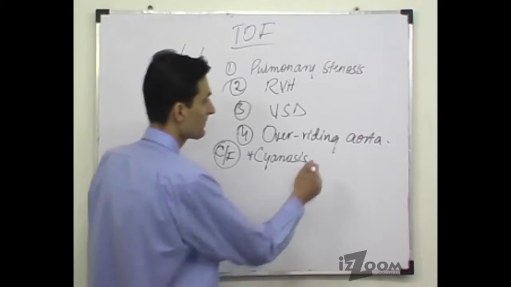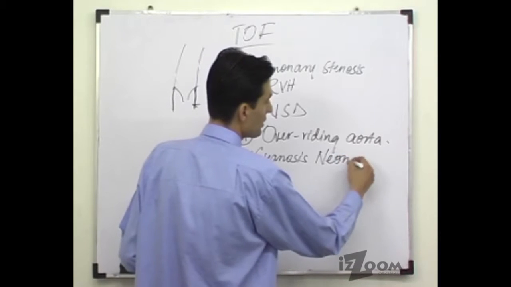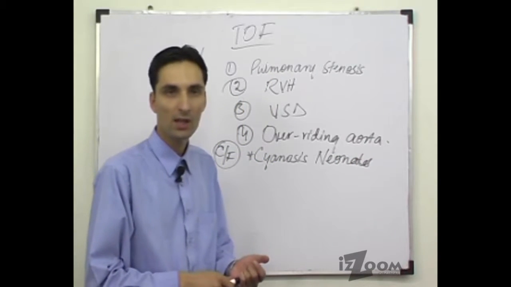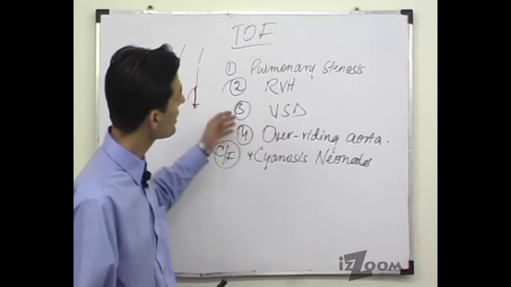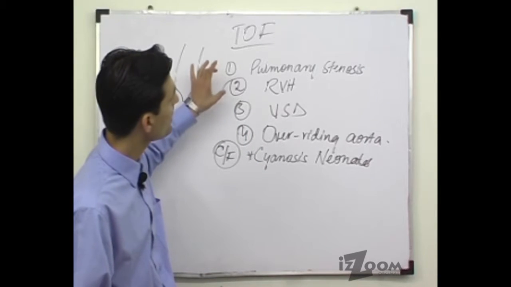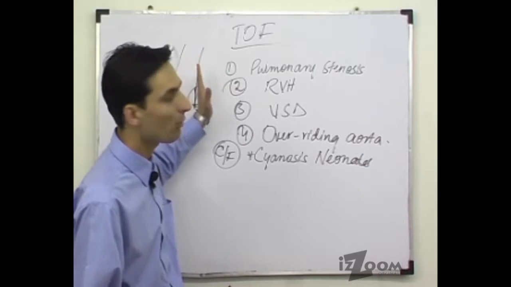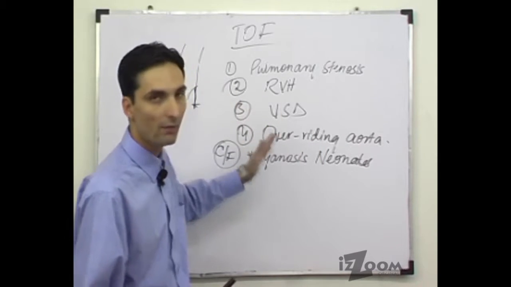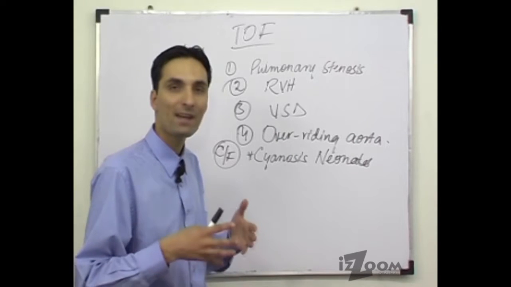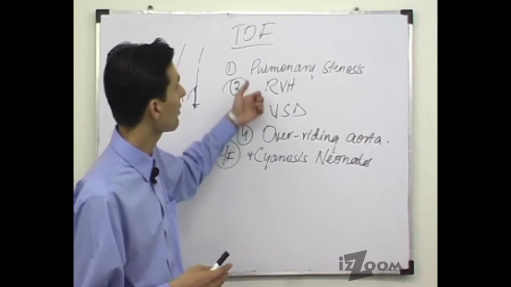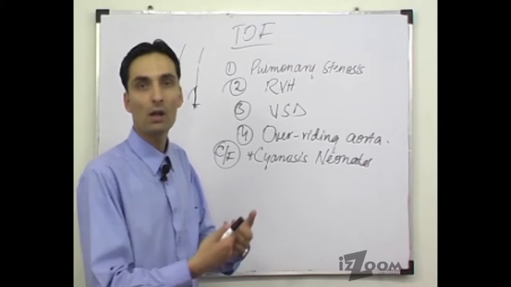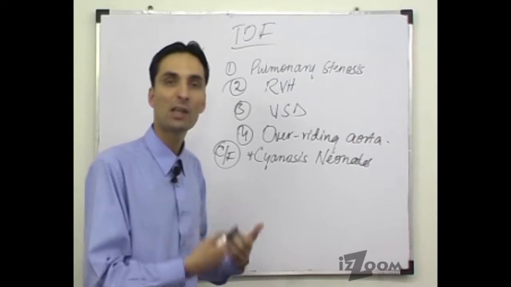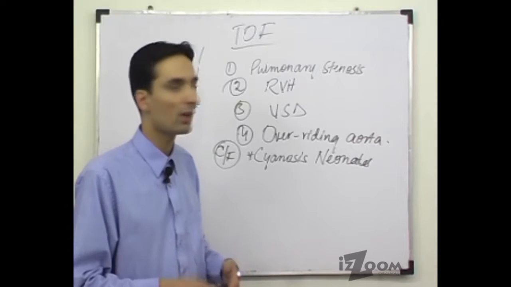And neonates usually do not have cyanosis. The reason is that cyanosis will not occur until the shunt becomes a right to left shunt, and that happens when there is sufficient right ventricular hypertrophy and sufficient increase in the pressure in the right ventricle, which either equals or exceeds the pressure in the left ventricle.